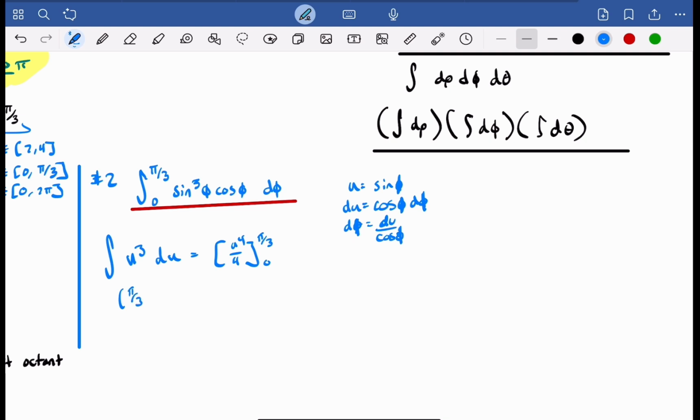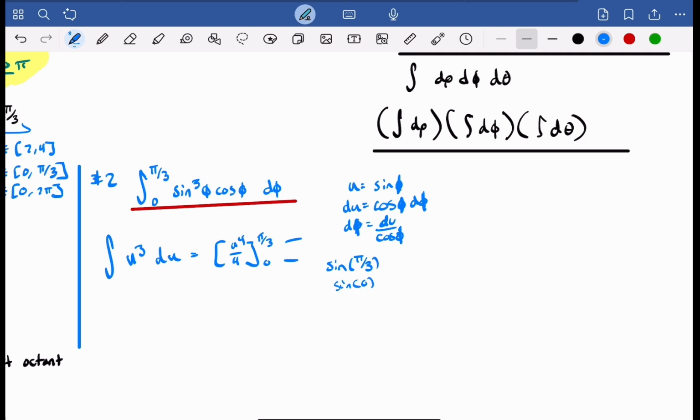So pi over 3 to the fourth over 4, well, not actually that. What we have to do is find these bounds in our u world, so sine of pi over 3 and sine of 0.